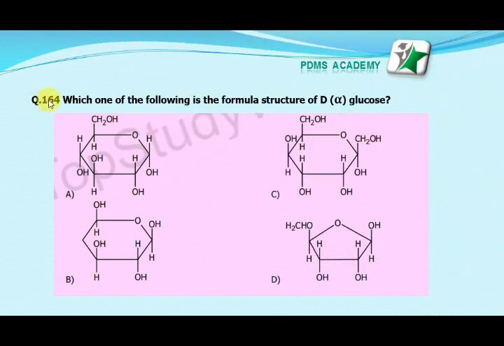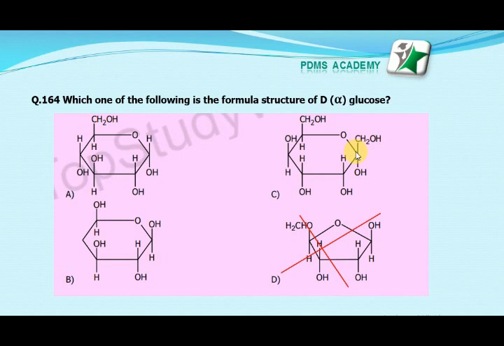Our next MCQ is: which one of the following is the formula structure of D-alpha glucose? Let's see, these are 4 structures. Option D is incorrect because this is the ribose structure. Now see the other 3 structures.